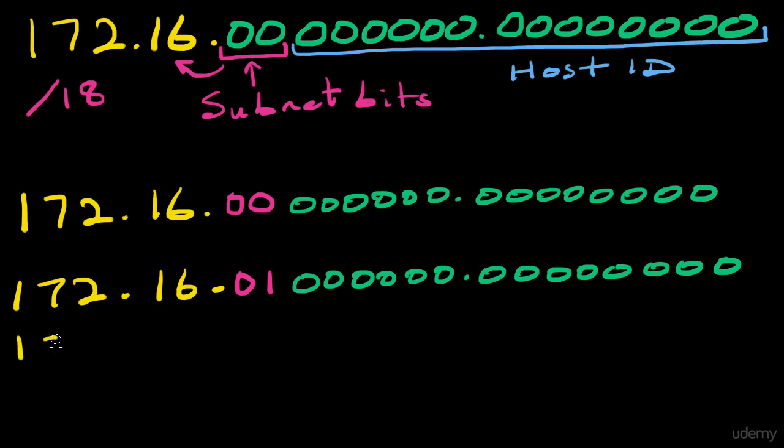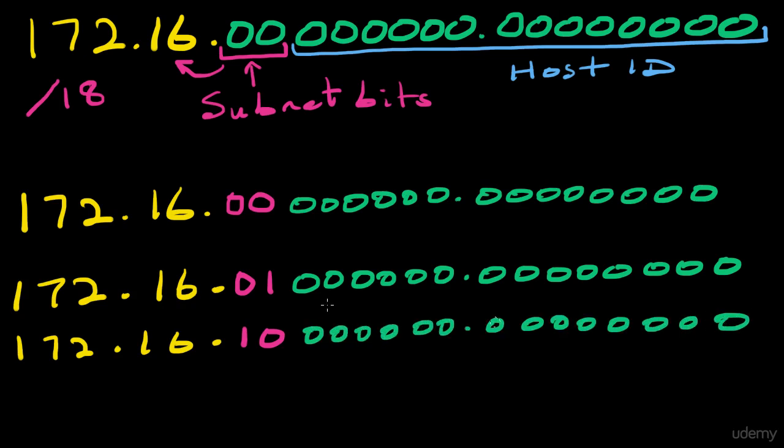And then we have 172.16.10, and the remaining bits are host ID. And then lastly, we have 172.16. And those two bits would be 1, 1. And then we have host ID.